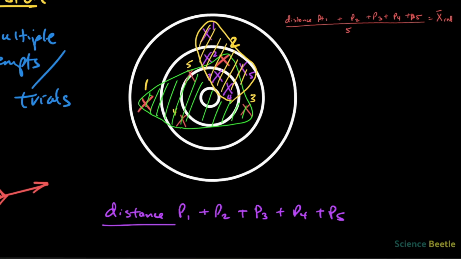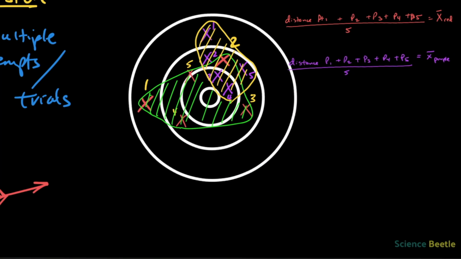If I take the distance from those points to the center of the target and divide that by 5, that will give me an average of the purple measurements. And what we'll see when we compare these is that these measurements are going to be slightly different, and we're actually going to wind up getting a better average for the ones in purple.